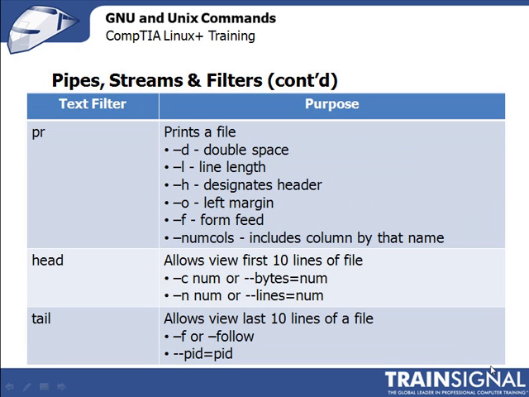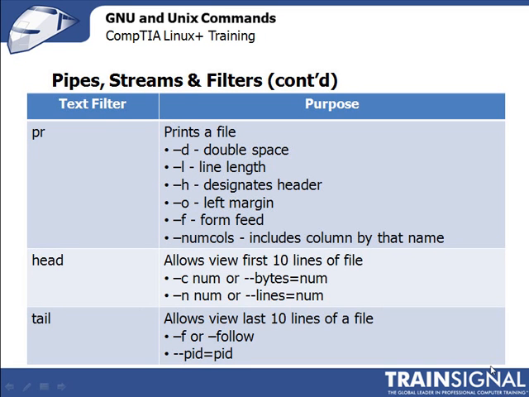The pr filter is used to print a file, and it has several options as well. -d for double space, -l for line length, -h to designate a header, -o for the left margin, -f for form feed, and --columns=NUM-COLS includes a column by that name.